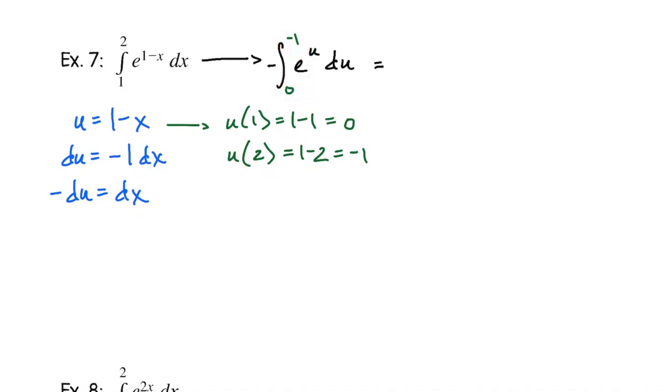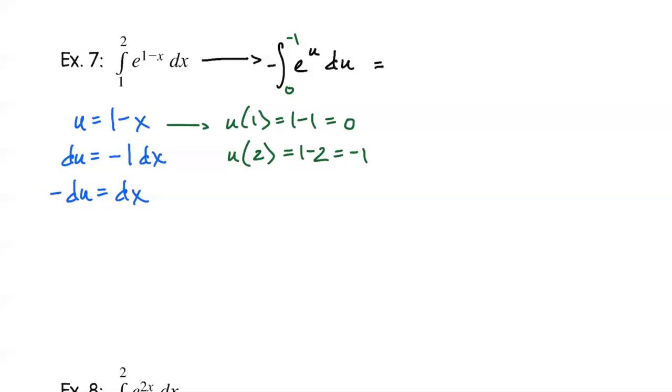Does anyone remember what that property is? If I switch the bounds, how does that change the value of the integral? Okay. So in particular, it changes the sign. So if it was positive, now it's going to be negative. But if it was negative, now it's going to be positive.